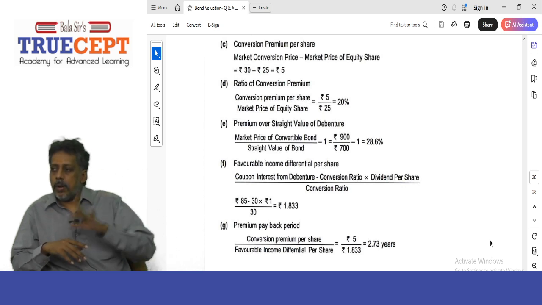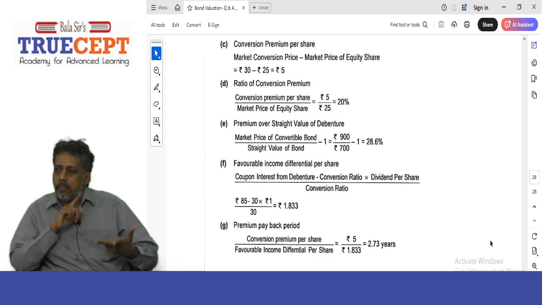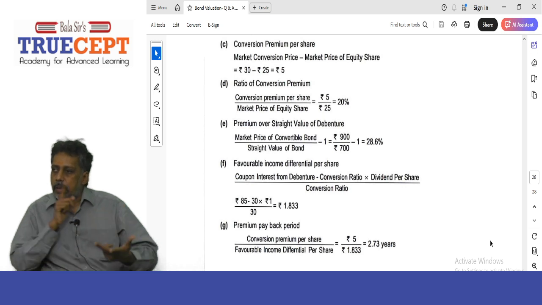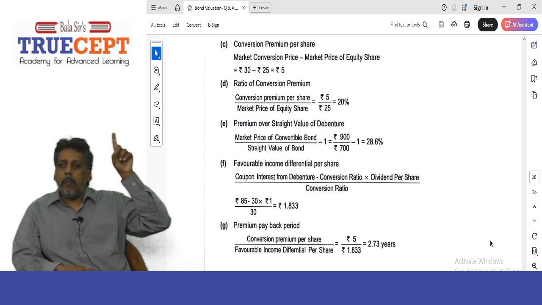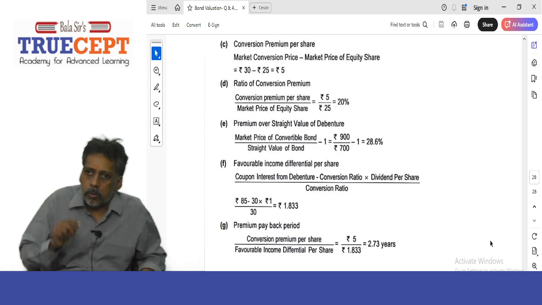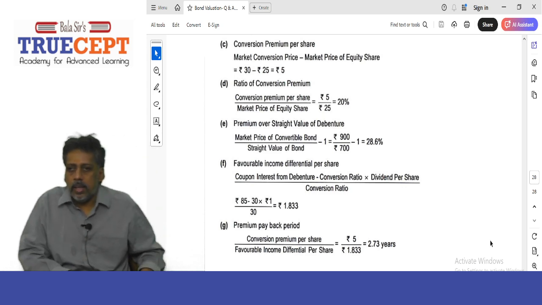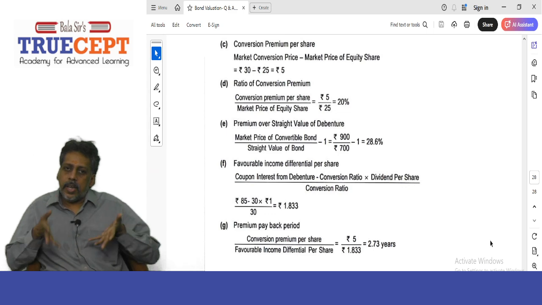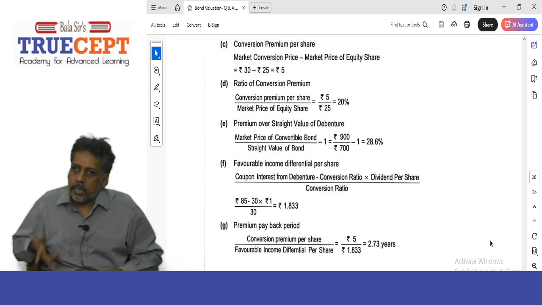Straight value is nothing but the present value of all the bond cash flows on the assumption that the bondholders will not exercise their option to convert the bonds into shares. That means at the time of redemption, the bondholders will get cash instead of getting shares.